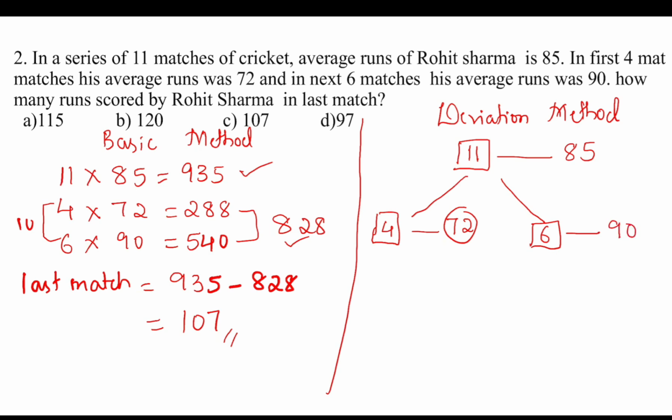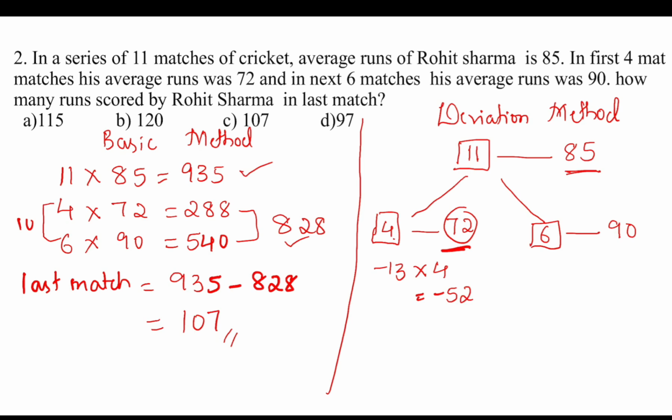Now we know that initially his average should be 85, but in first 4 matches it is 72, means how much it is less? It is less by 13 runs. 13 runs of how many matches? 4 matches. So 13 fours is 52. So 52 runs are falling short from 4 matches.